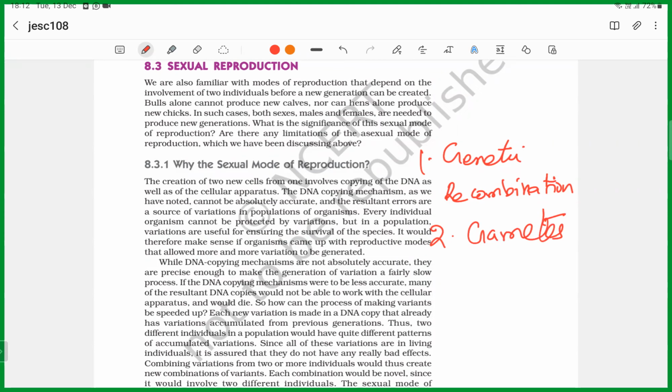In sexual reproduction, maybe a single parent or two parents, but definitely there is involvement of two gametes, male gametes and female gametes. That's the main important thing about sexual reproduction. Okay, fine.